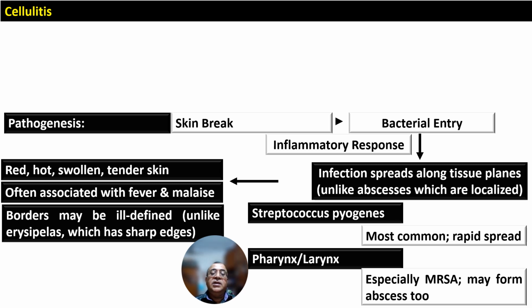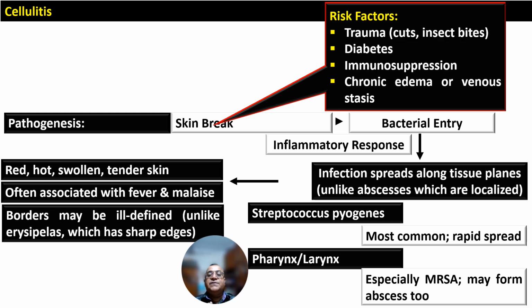So the resultant morphology is red, hot, swollen, tender skin that is often associated with fever and malaise, and the borders of this lesion are ill-defined, unlike erysipelas in which there are sharp edges.